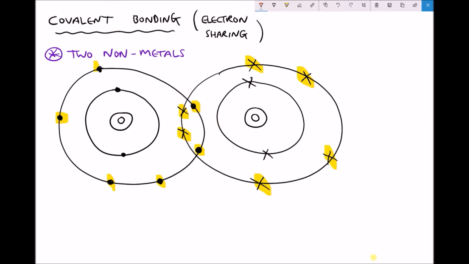So if we consider why the oxygen atoms have done that, if we begin with the atom on the left-hand side, it now believes that it's got 8 electrons in its outer shell because it has 6 of its own, plus the 2 that are being shared from the other oxygen atom. And vice versa, the oxygen atom on the right-hand side has 6 of its own electrons, plus the other 2 that are being shared by the other atom. Both of these oxygen atoms now consider themselves to be stable.